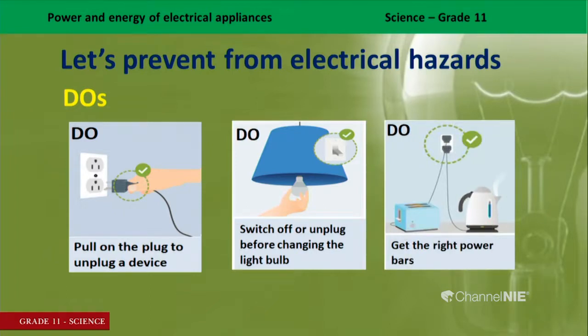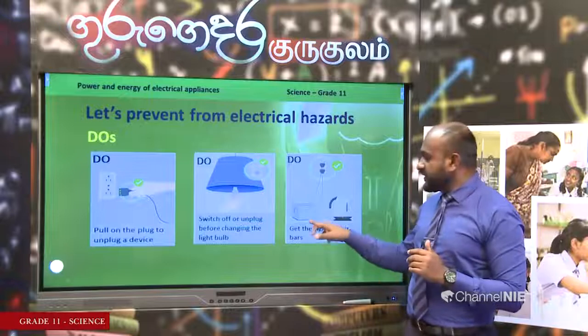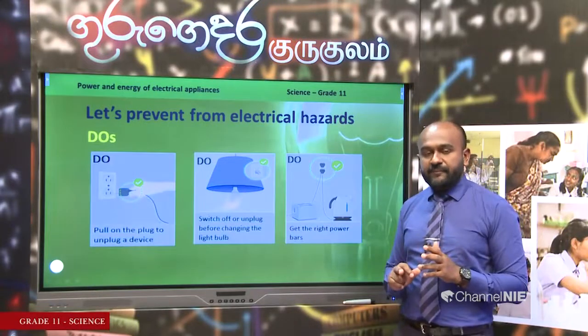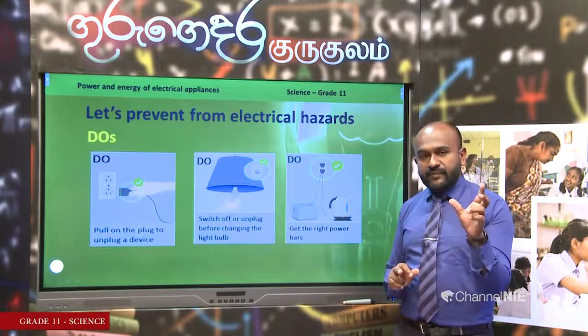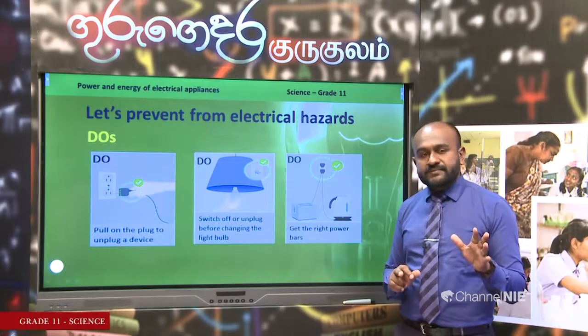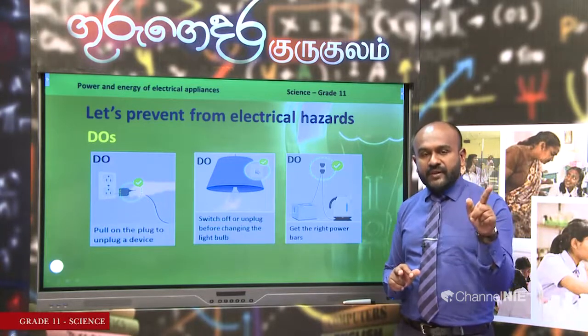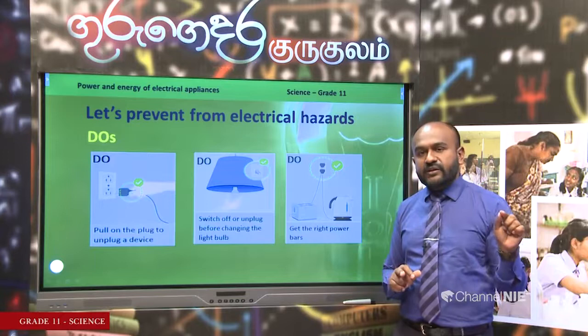Get the right power bars. When connecting these types of devices, you have to take the right power bars, because there are appliances coming with a metallic cover. You know how to connect them to the supply. What do you use? A 3-pin plug or a 2-pin plug? 3-pin plug. Why? It has an earth pin, so it is connected to the earth wire.